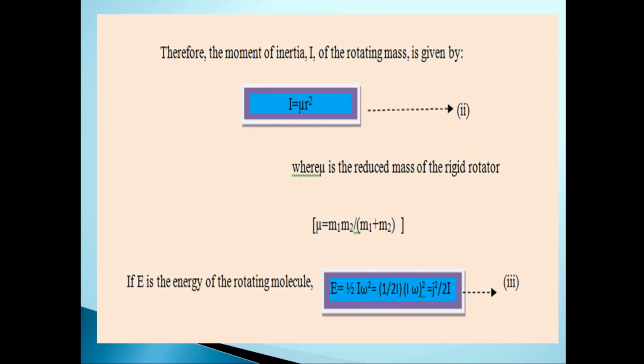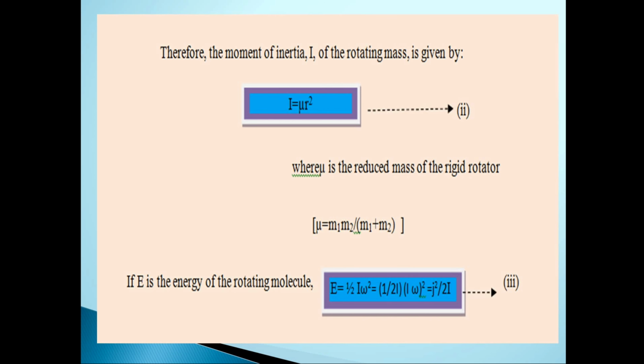Now come to the other part, the part that is explained now. So what is the moment of inertia first? If this is a rotating system, then first we have to find out the moment of inertia. So for that, first we have to calculate the reduced mass. And that reduced mass, when calculated, comes equal to m1 m2 upon m1 plus m2. So the moment of inertia I comes equal to mu r square.